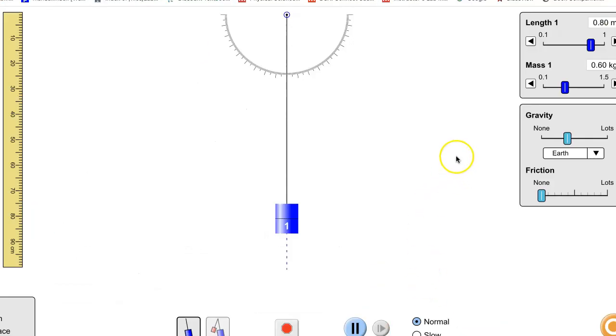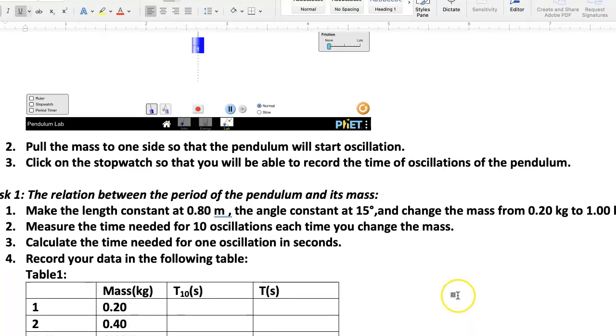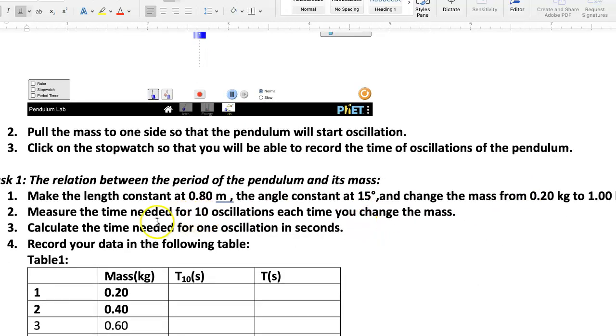Then this is where we're going to start, and we are going to change the mass from 0.2 to 1, I believe. From 0.2 kilograms to 1 kilogram.